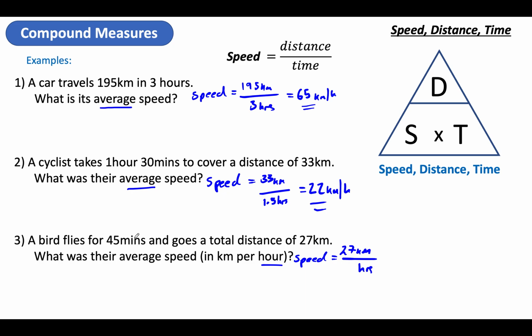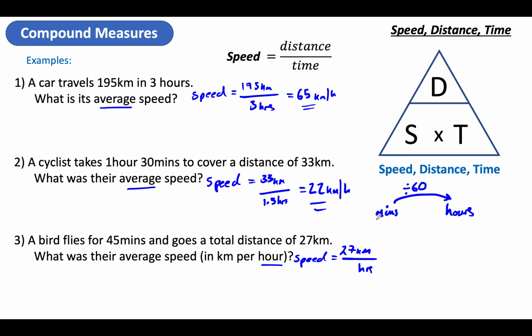Now, I might know how to write 45 minutes as hours, but if I'm not sure, what I need to do is convert it. If I'm going from minutes to hours, there are 60 minutes in an hour. I need 60 of them to make 1 hour. So I divide it by 60.